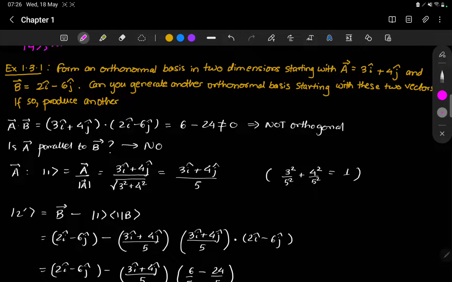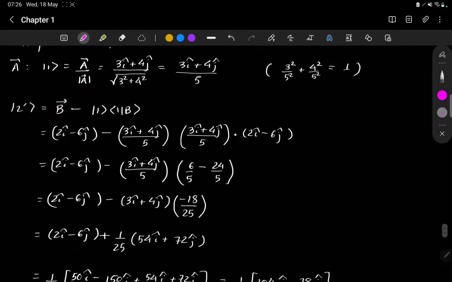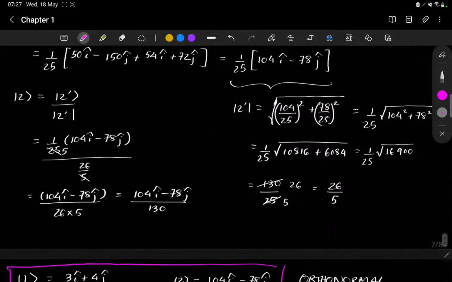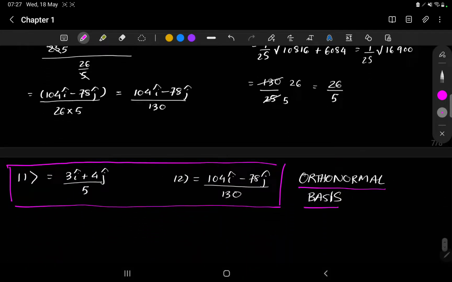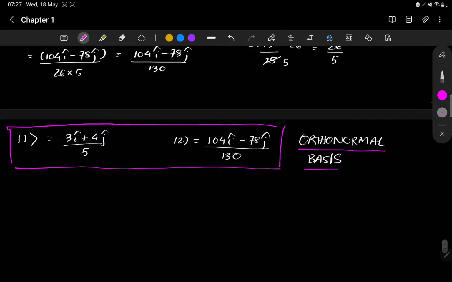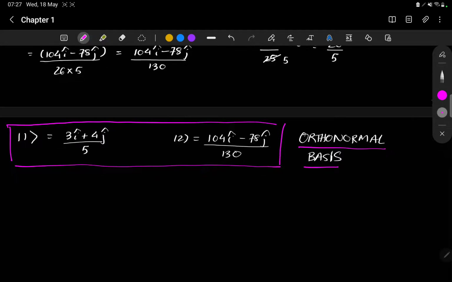So starting with two vectors in two dimensions which were not orthonormal, we have finally obtained these two vectors 1 and 2 which are orthonormal. Are they indeed orthonormal? Well, yes, because they have unit magnitude and they are orthogonal to each other.